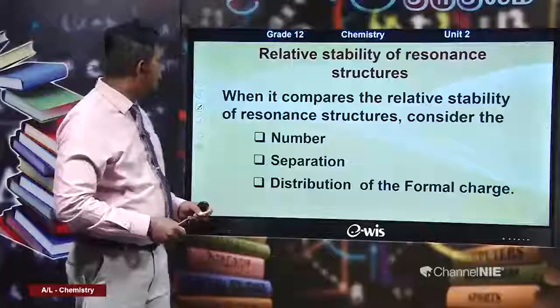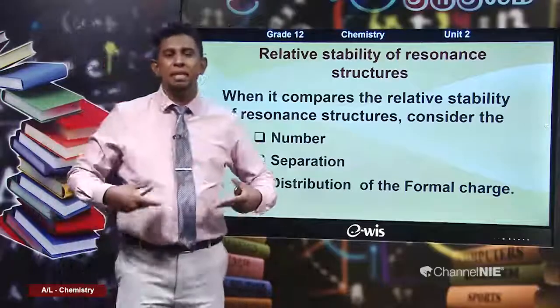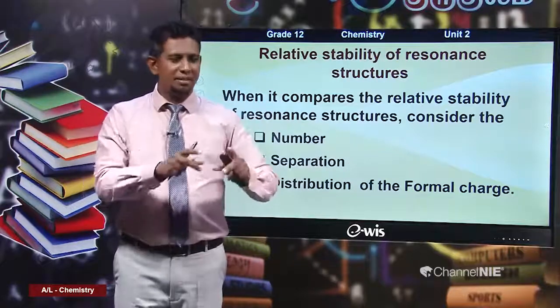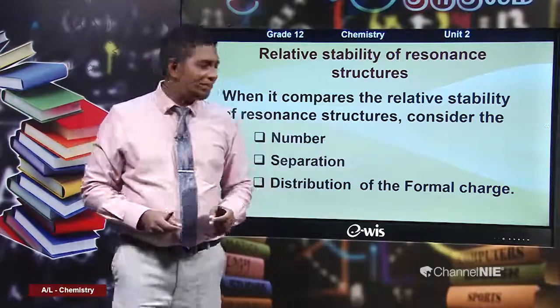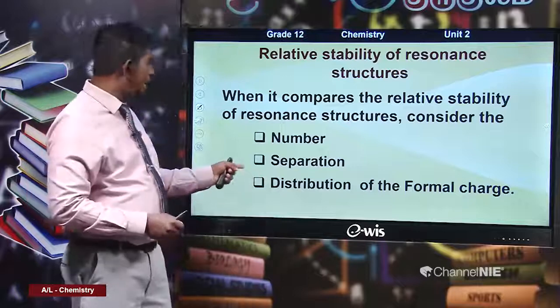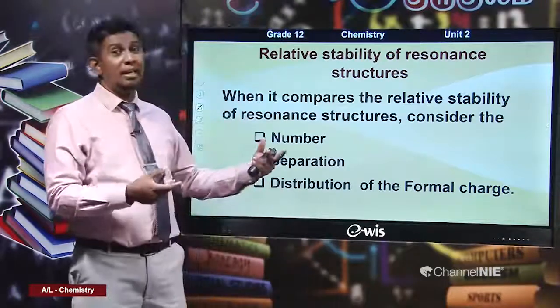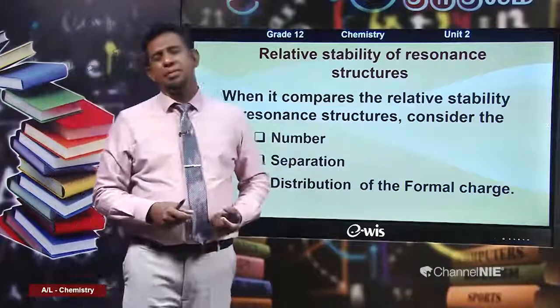That's what I have mentioned as the separation. Not carrying all the charges on one atom, but sharing those charges. So that's the distribution. Is that the same as earlier? No, it's not.